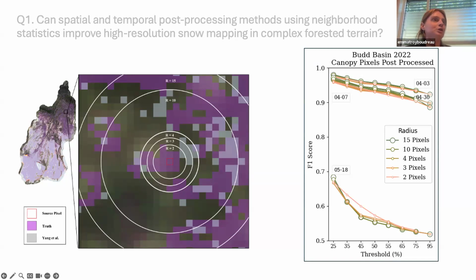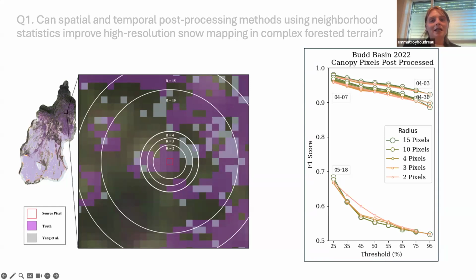And the more stringent you are, the higher the threshold, the model will put less snow in the canopy. Because to begin with, these snow maps don't have a ton of snow in the canopy, the model will do worse, but still better than not post-processed.